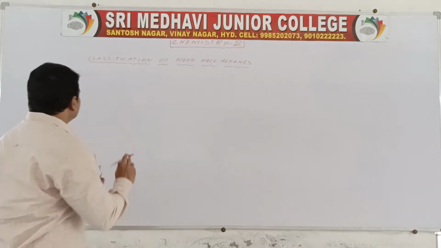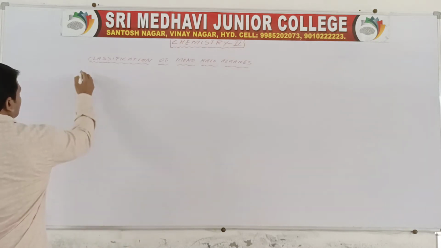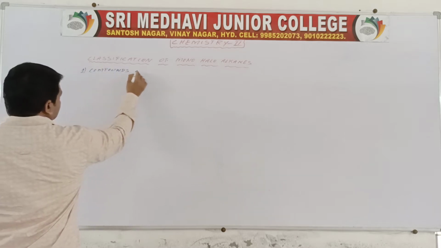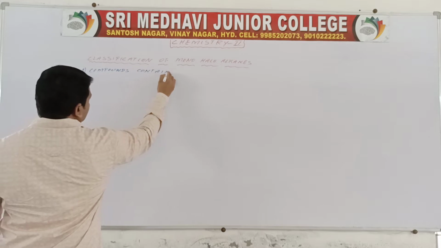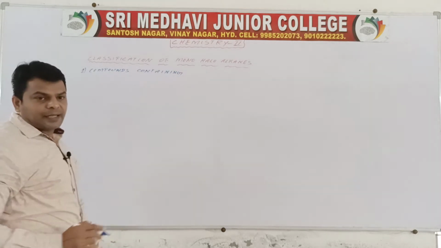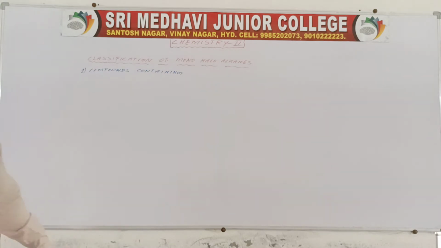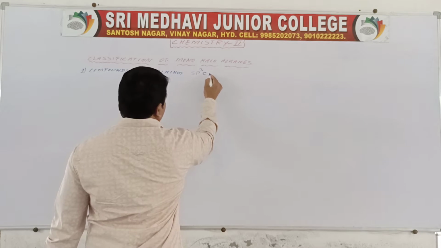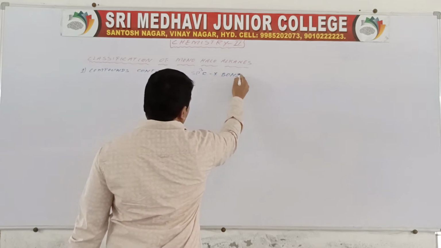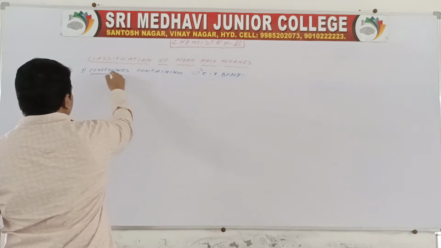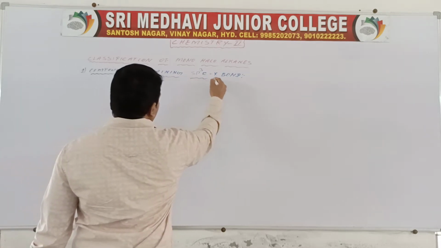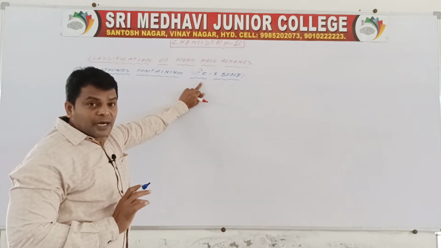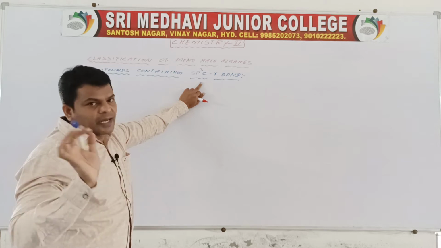So the first one: compounds containing the sp3 C-X bond, which means here the halogen-attached carbon atom undergoes sp3 hybridization.